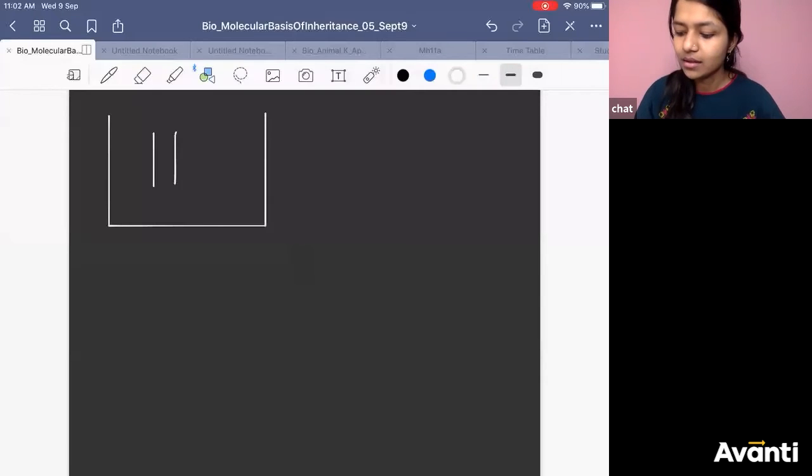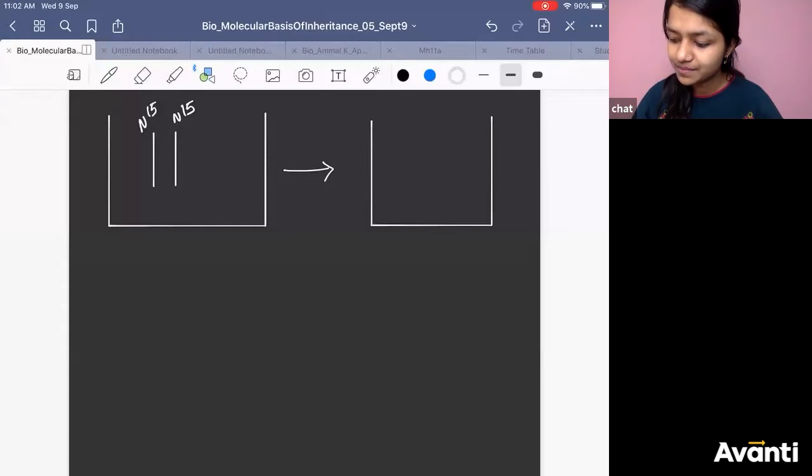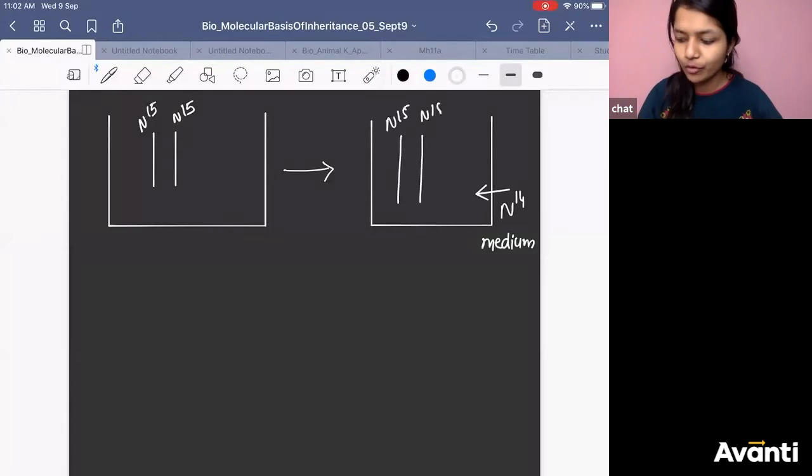What he did was, he gave N14 medium, and then allowed the E. coli to grow and replicate.